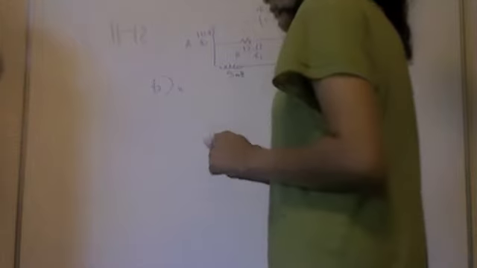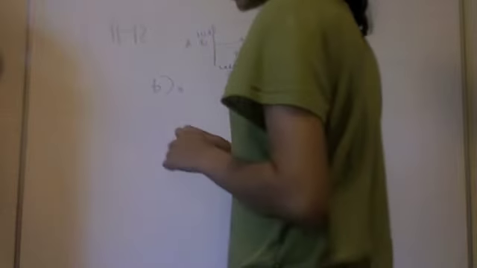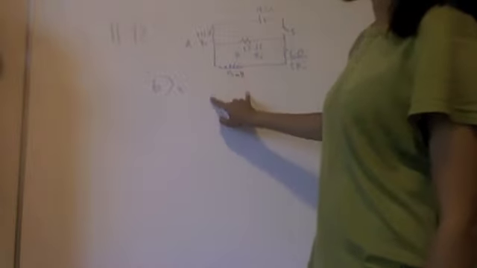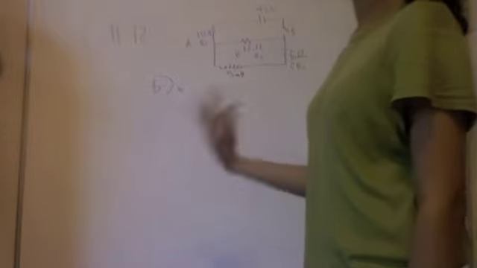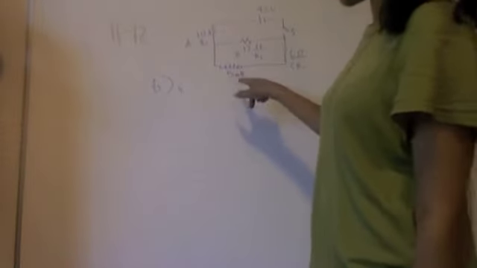Part B, little 2, asks you to find the current through A, B, and C a long time after the switch is closed. So because of an inductor's properties, a long time after the switch is closed, the potential across the inductor becomes 0 as the back EMF continues to get smaller and smaller. And so soon the inductor starts to act like a normal wire.